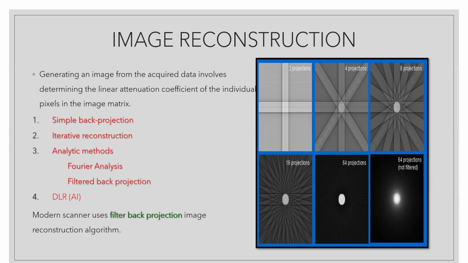In analytical, there are two methods, Fourier and filtered back projection. Filtered back projection is a commonly used algorithm. It is similar to back projection, where the image is filtered to counterbalance the effect of sudden density changes which cause blurring.